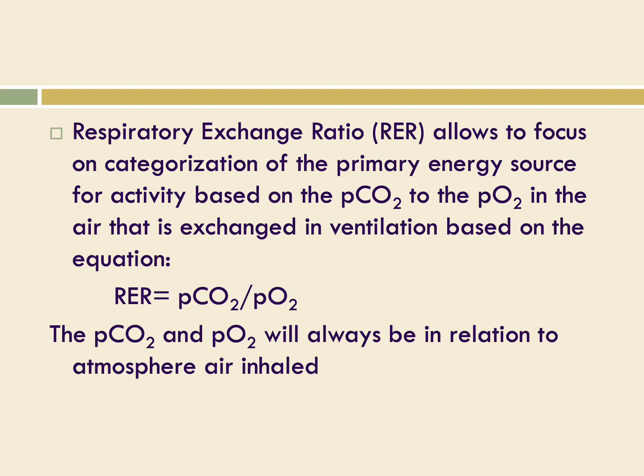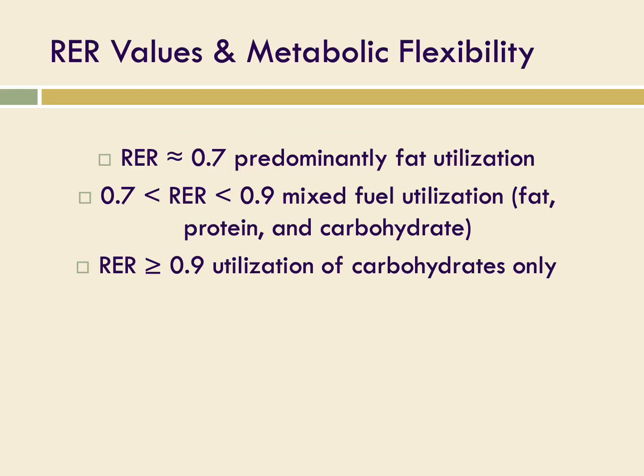And what we can do is look at the respiratory exchange ratio, where if I am predominantly using fat for meeting my energetic demands, I will be around 0.7. If I am flexible, that is, if I'm using all three fuel sources for ATP, fats, proteins, and carbohydrates, I'm going to be between 0.7 and 0.9.